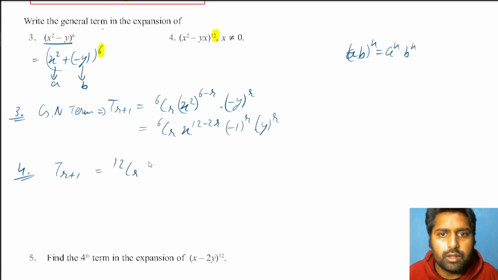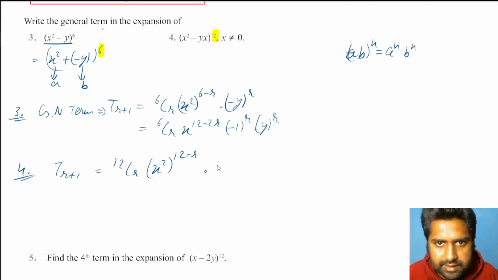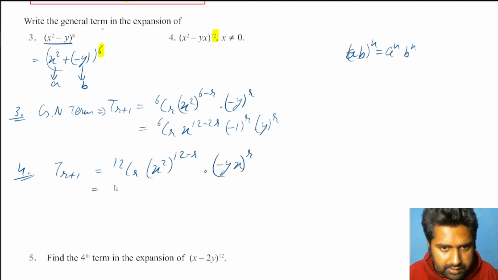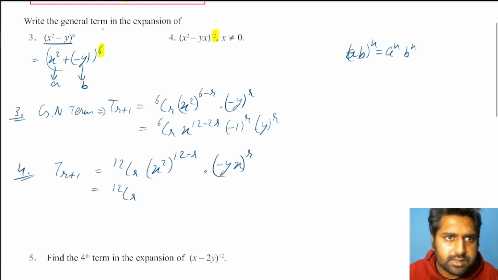12Cr. Okay, then first term is x square raised to power 12 minus r. You know what you have to do for this. And then second term is minus yx complete raised to power r. Now this time it is not only minus y, this is yx. Let's simplify. 12Cr, let it be as it is. Power raised to power, you can solve this.